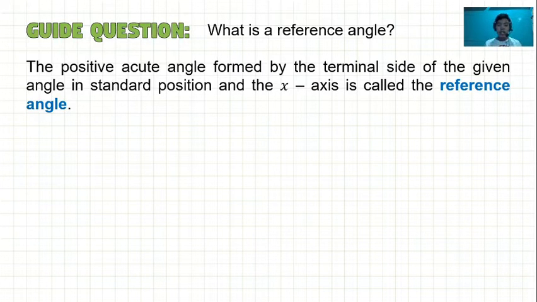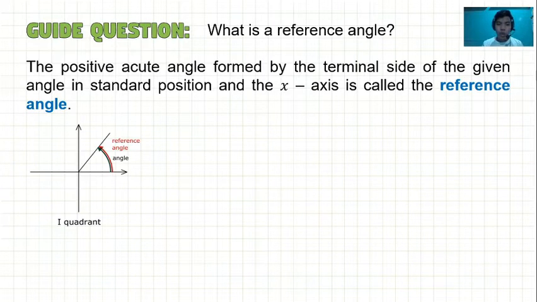Okay, so to illustrate that one, suppose we have this angle in quadrant 1. Suppose this is the angle, the dark green arrow. So that is your angle, and it is at quadrant 1. The reference angle of this angle will be the angle formed by the terminal side, so this is our terminal side, and the x-axis. And it should be a positive acute angle.